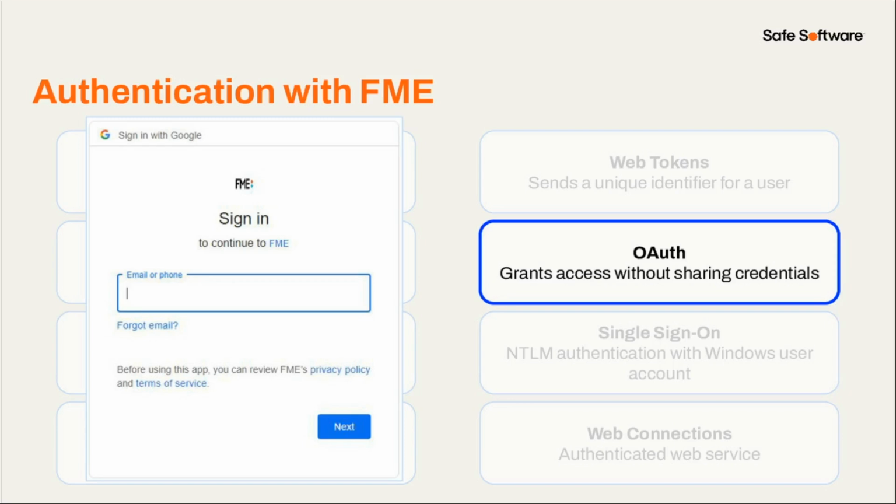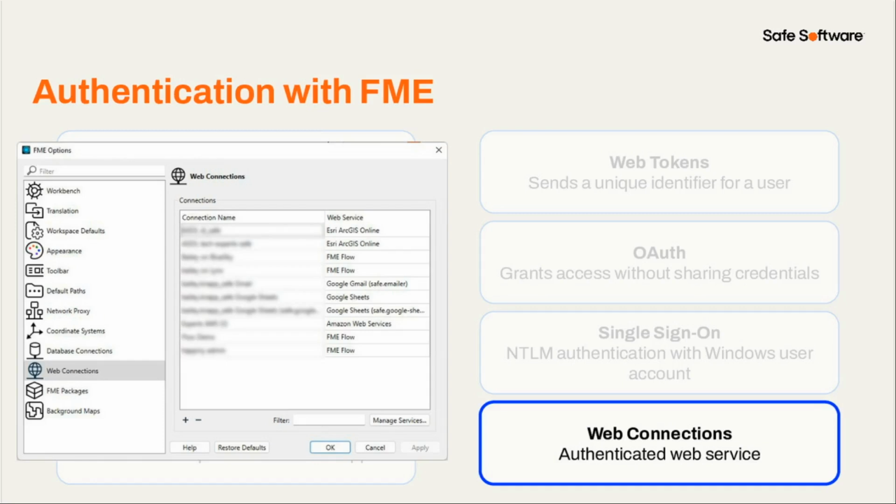If you've ever skipped inputting credentials directly into a website and instead use your Google account to log in, you've used OAuth. And it's very easily used with our web connections, which I'm going to go through in a bit more detail, but basically they're a great way to store and house all these different authentication methods.